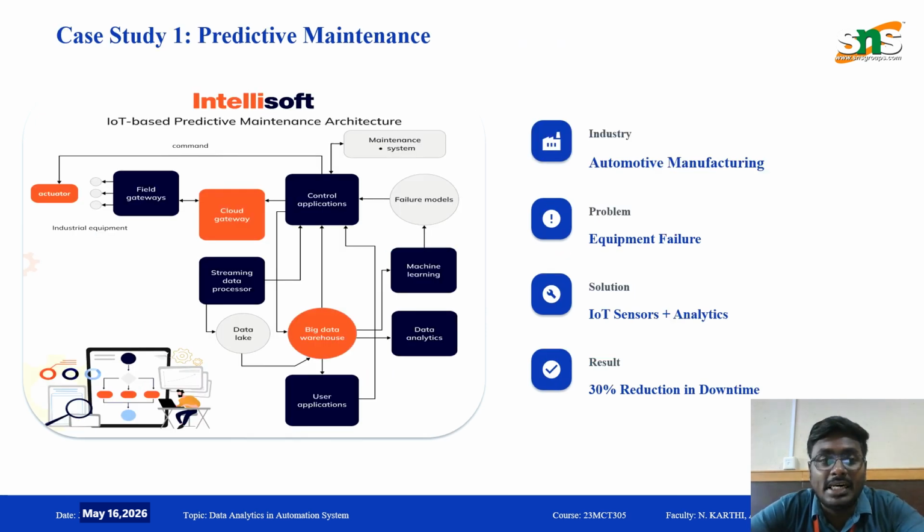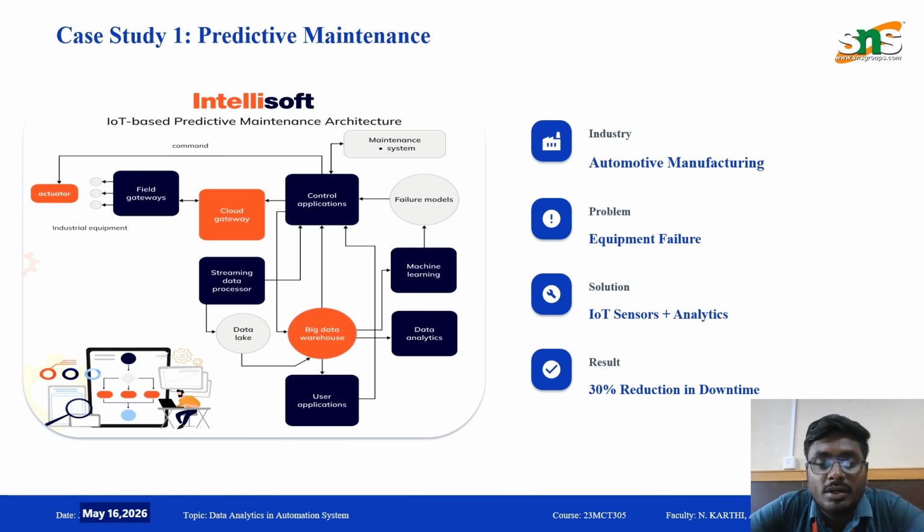So we can see a case study, that is predictive maintenance. Let's look at real examples. Case study 1, we are going to see an automotive manufacturing problem: frequent unexpected equipment failure causing production halts. The solution was IoT sensors installed on the critical machines, feeding data into an analytics platform for vibration, temperature, and wear analysis.